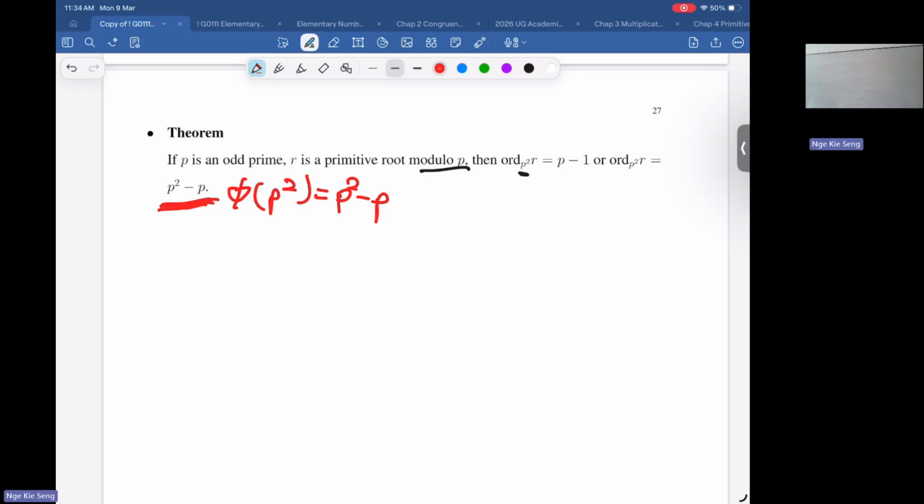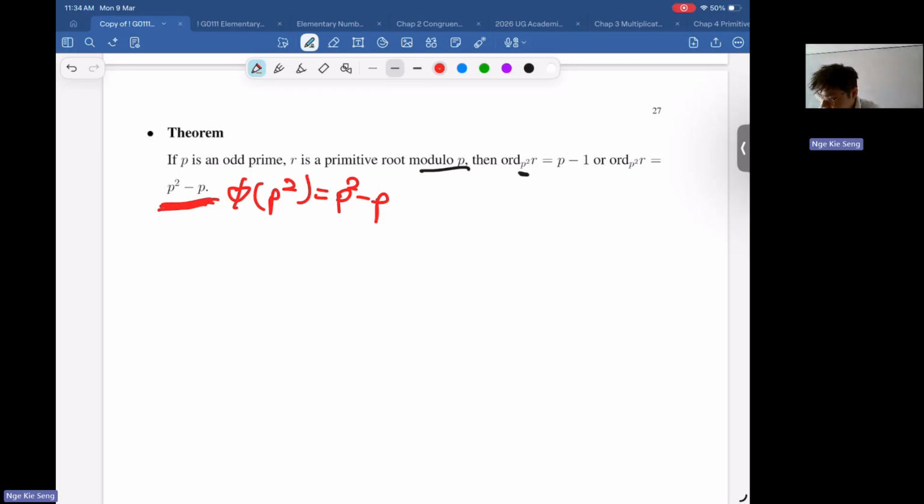So there are two cases: either the order is p minus 1, or it is a primitive root for p square. If the second case happens, then it is a primitive root of p squared.